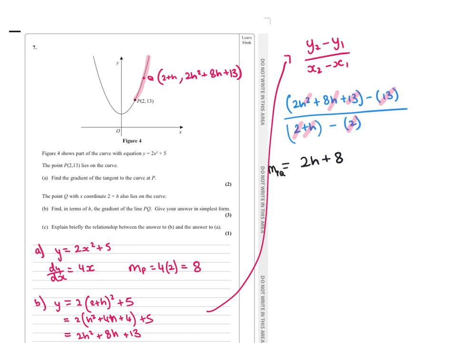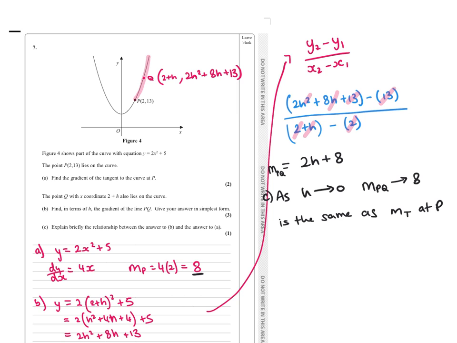Part C. Explain briefly the relationship between the answer to B and the answer to A. So, as we have an unknown h, we can say, for this part C, as h tends to 0, the gradient of PQ tends to 8, which in fact is the same as the gradient of the tangent at P, because actually that's the same as that.